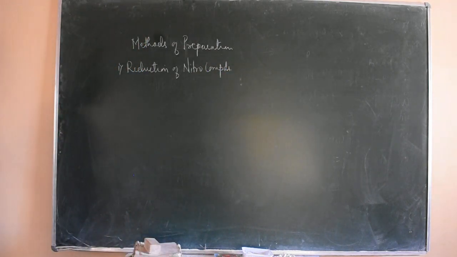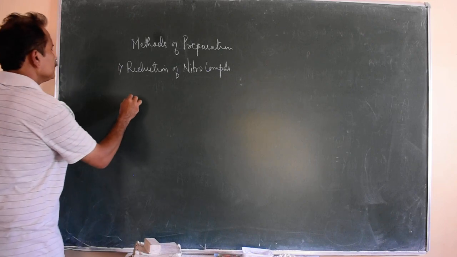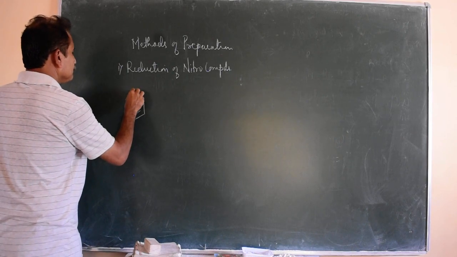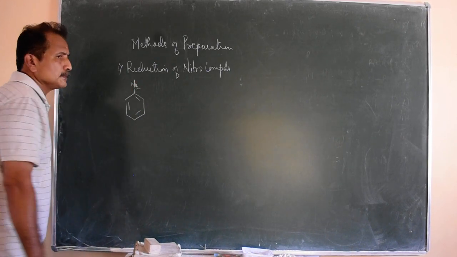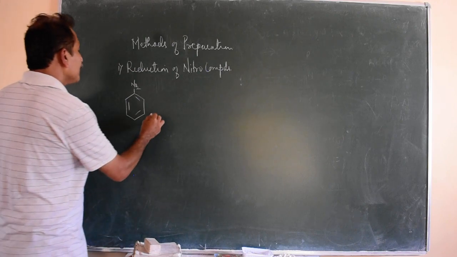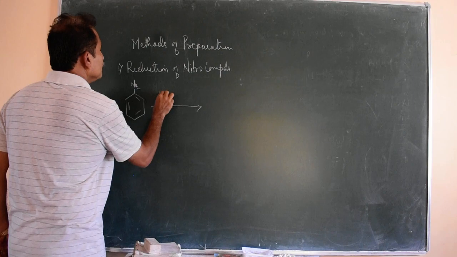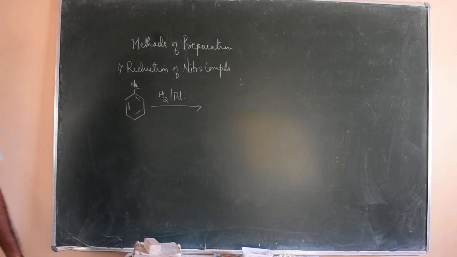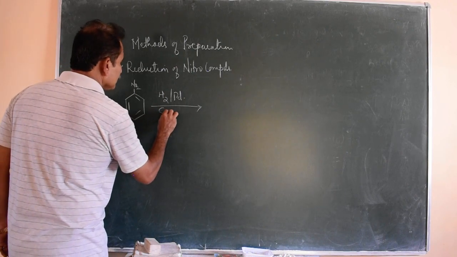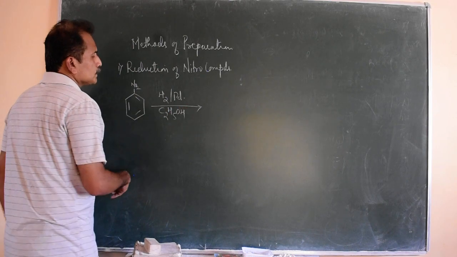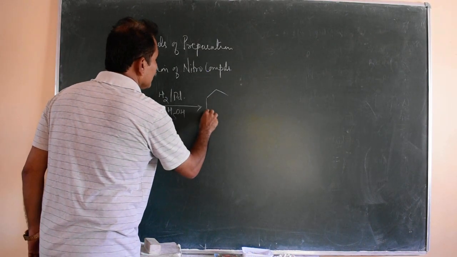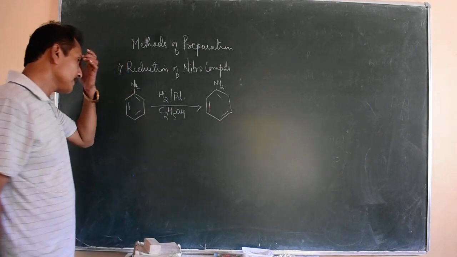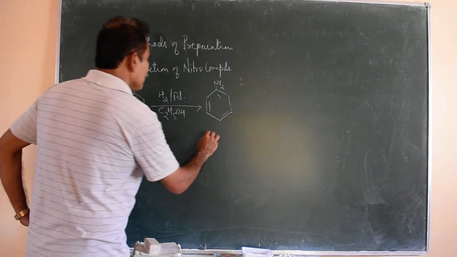Suppose I take nitrobenzene. I can reduce it using hydrogen with nickel or palladium or platinum, with a little bit of alcohol, to aniline. This is aminobenzene or aniline.